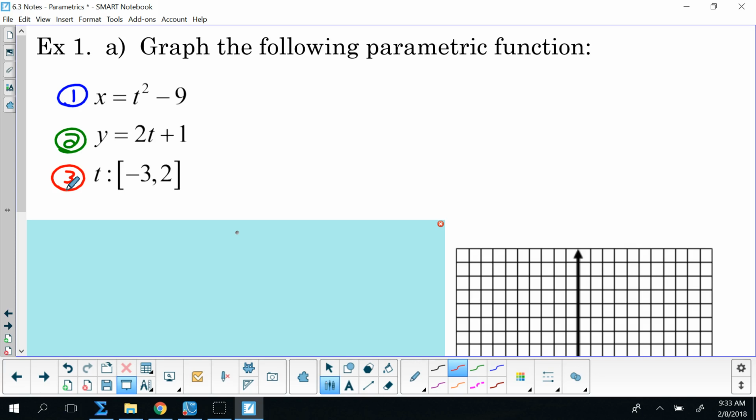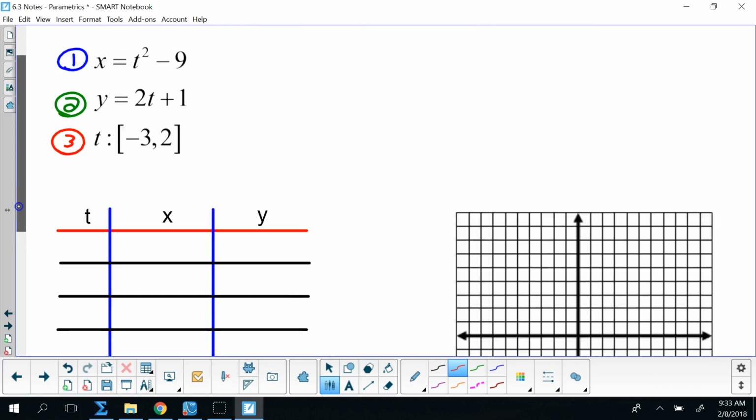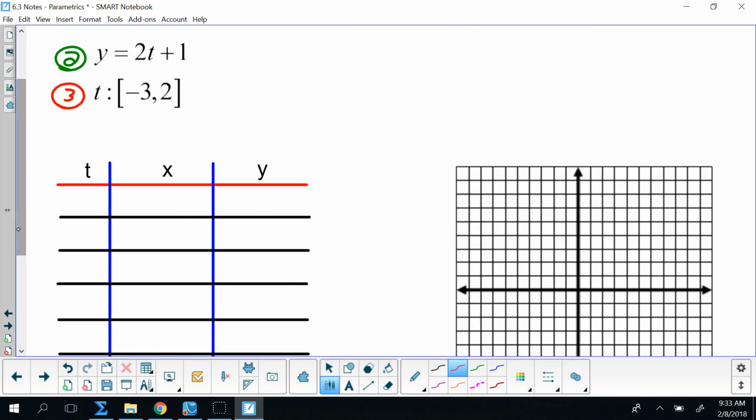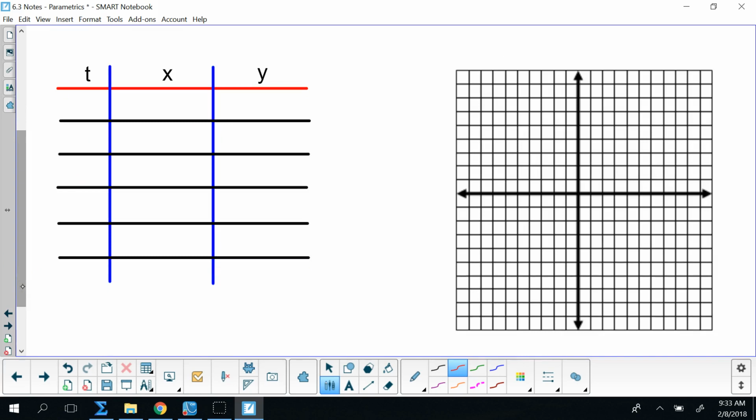Instead of making a t-chart, because a t-chart only has x and y values, I need a third column because I've got 3 variables. I'm going to make an h-chart or something along those lines. So I'm going to make a chart that looks like that.